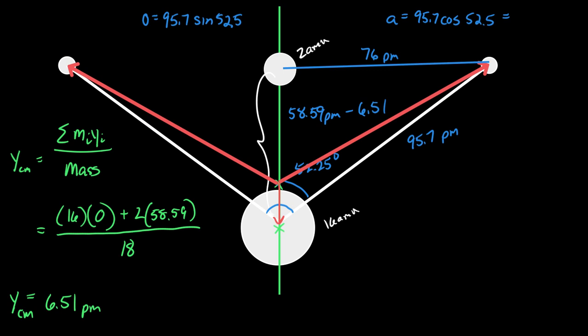Yes, no? So to find the hypotenuse, it's going to be, let's see, 76 squared plus 58.59 minus 6.51 squared, all to the 1/2 power. And this comes out to be just a little bit less than 95.7.